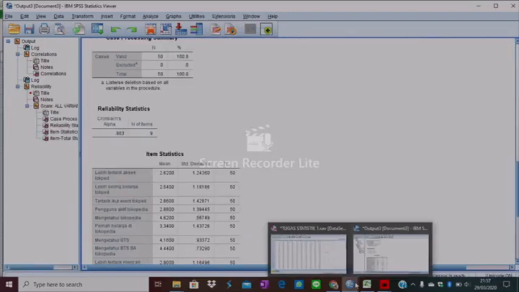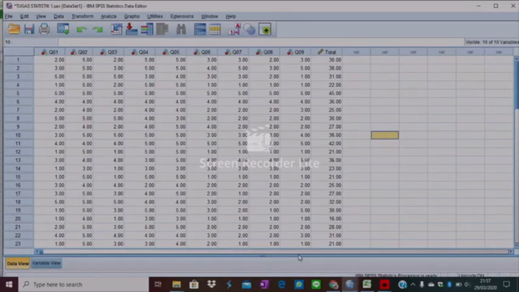Oh yeah, please make sure the model in reliability analysis is Alpha. Okay, and this is the reliability statistics result.